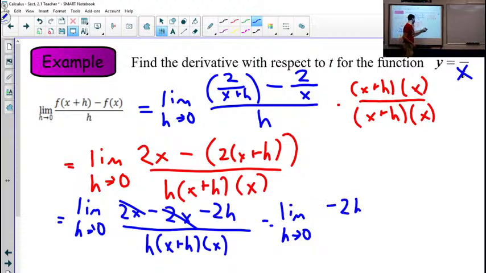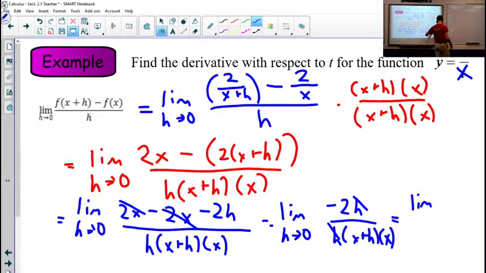Negative 2h over h times x plus h times x. And these h's cancel. So I have a negative 2 on top. On the bottom, I have x plus h times x.